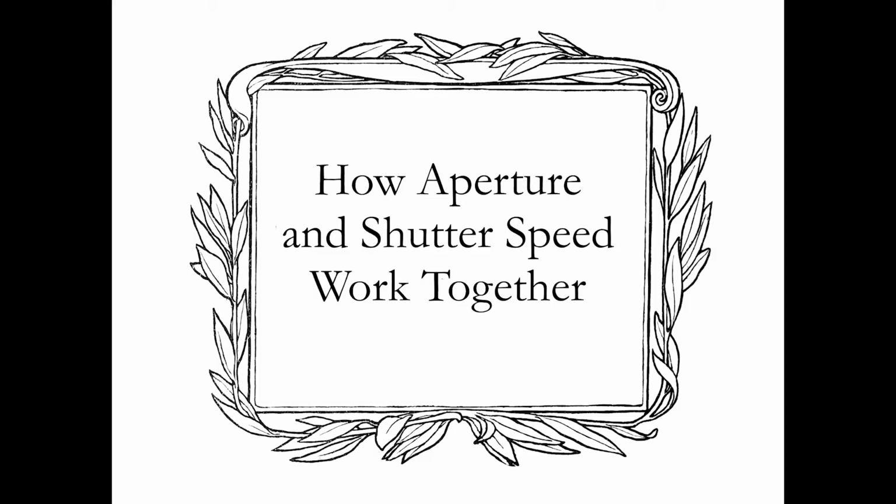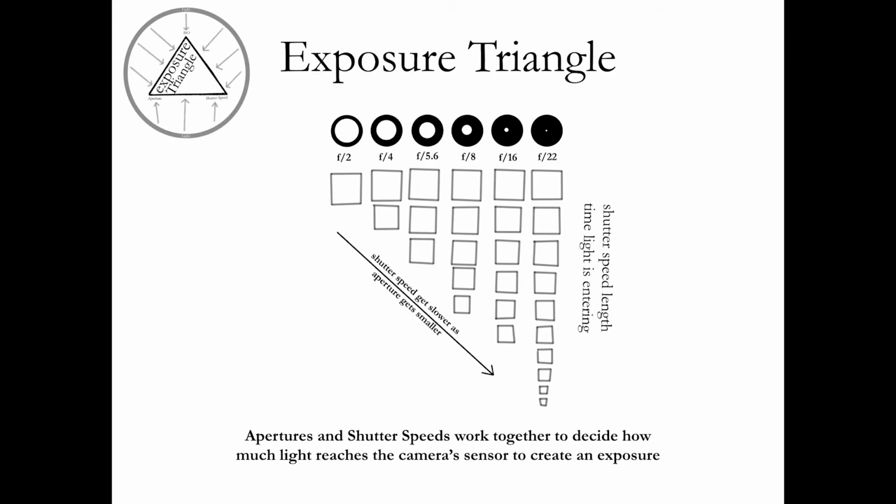Okay, back to the exposure triangle. Aperture and shutter speed always work together to decide how much light reaches the camera's film or sensor when you're making an exposure. Whenever you change the aperture, the shutter speed must also be adjusted because they affect each other. Here we can see that as we make our aperture smaller, less light will be entering the camera through the aperture.